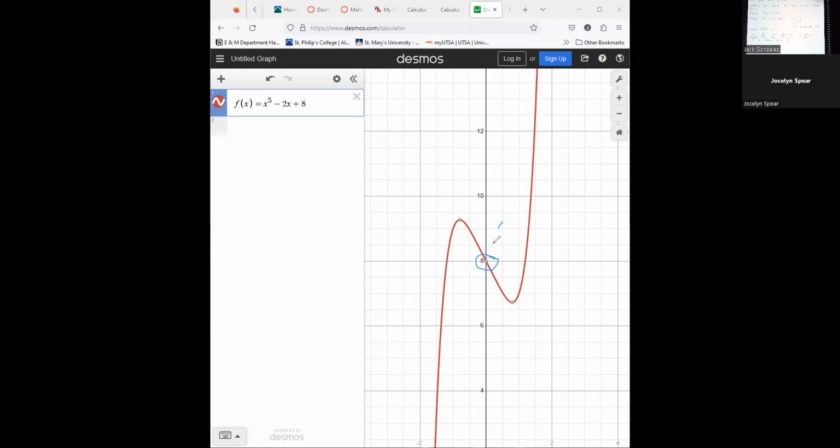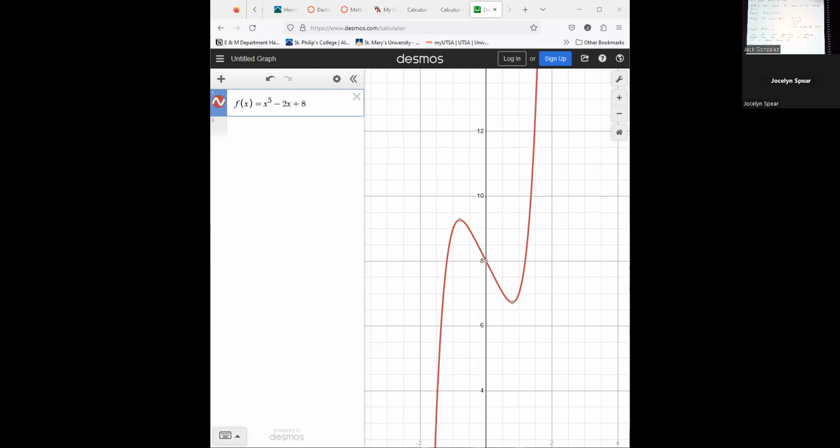This is the inflection point right there. It's a value where the second derivative is equal to 0, at this particular x. That makes sense? Yes.